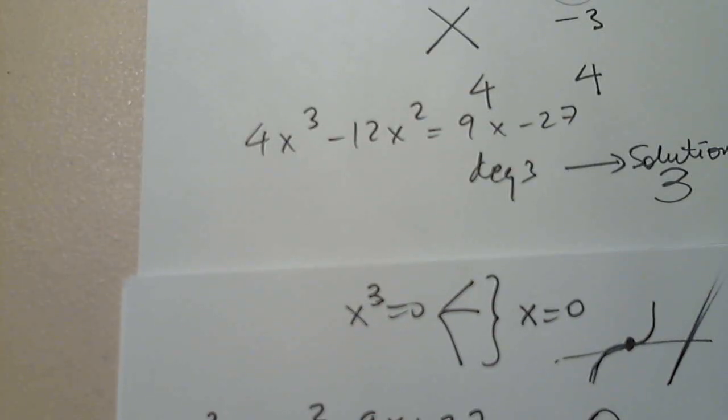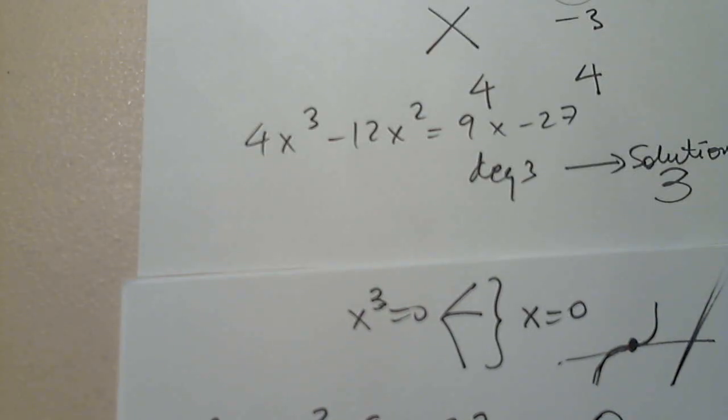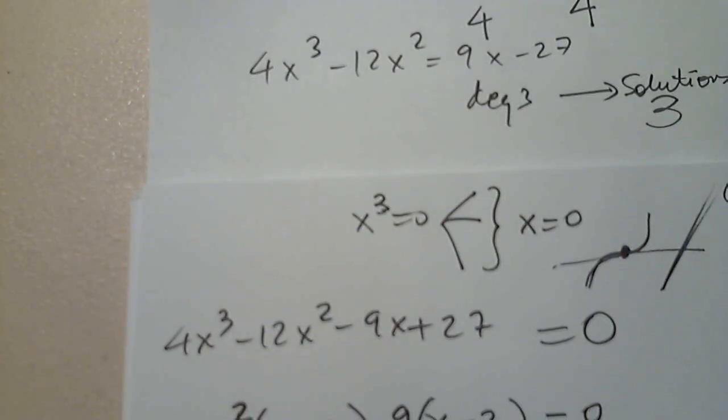Sign and factor. This times this is this times this is that. Would it just be -9? It must be -9. This times this is this, I cannot fabricate it, right? -9x, positive 27.